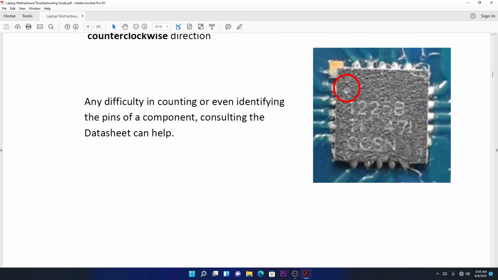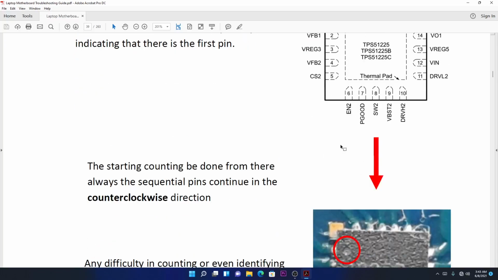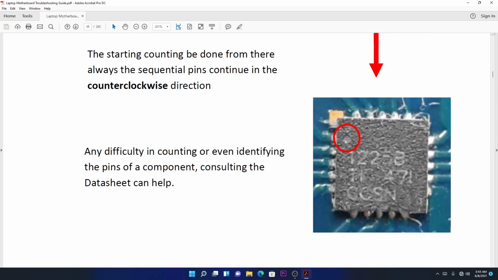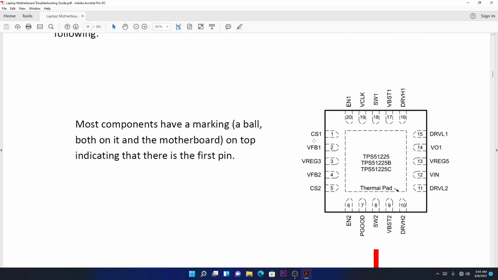The chip will look like this in real life, and on top of the chip there will be small dots. Here they circle the dot. That dot means pin number 1, and this dot will align with the dot on the pad on the motherboard. That's how you align the chip. Make sure all the pins are touching. This is easy to do.